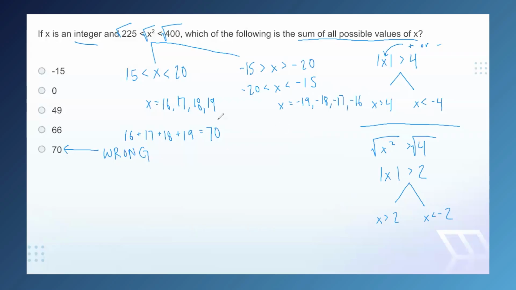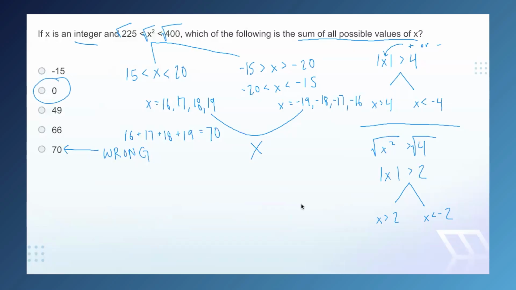Now we could add these to our other values for x and see what it gives us, or we could realize that these are simply the negative versions of these values, which means that adding them together will cancel each other out, giving us a sum of 0, or answer choice B.